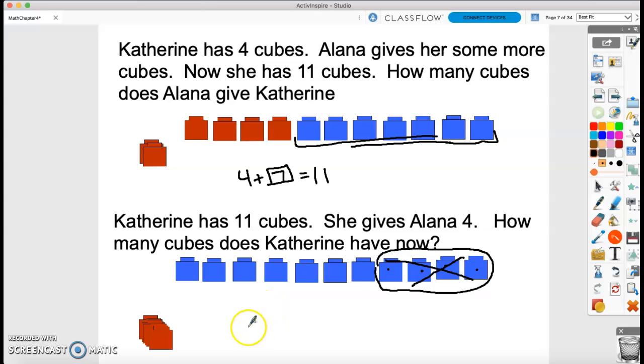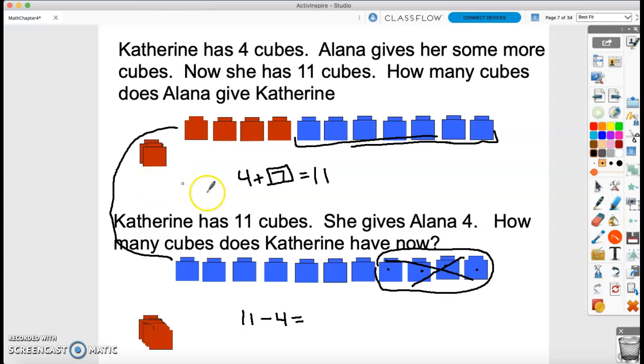So let's write our number sentence. 11, she gives Alana 4, so that's subtracting, minus 4 equals, well, if I look up here, I know 4 plus 7 is 11. So I know I have 11 cubes up here and I have 11 cubes down here.